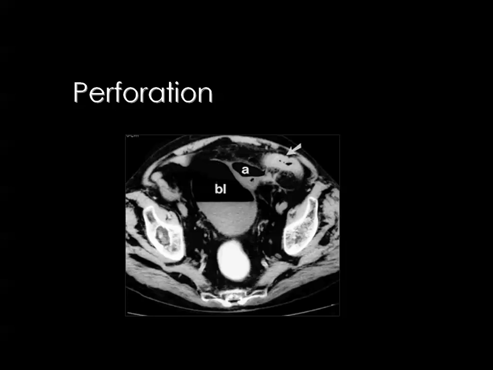Then one of the complications of diverticulitis is perforation, and perforation will lead to the formation of a localized pericolic abscess, and sometimes this abscess may involve the urinary bladder, leading to communication between the abscess and the colon and the urinary bladder. Then you get an air-fluid level in the urinary bladder, secondary to diverticulitis, or to fistulous communication between the colon and the urinary bladder.